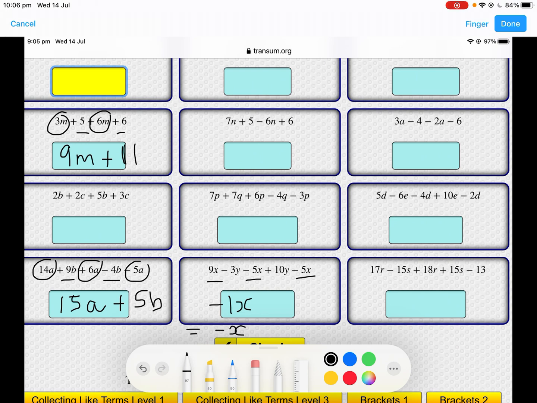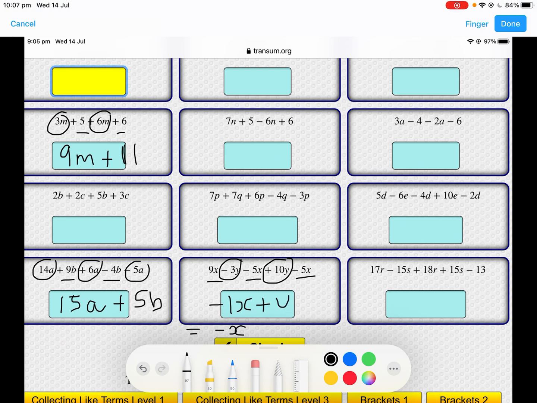Okay, now I've got negative 3y plus 10y. Negative 3 plus 10 makes, do it on your calculator if you're not sure, it gives me an answer of positive 7. So I'm going to put a plus down, okay? Just because a negative is in front of the 3 doesn't mean your answer is going to be negative. Remember your number line or do your calculator.